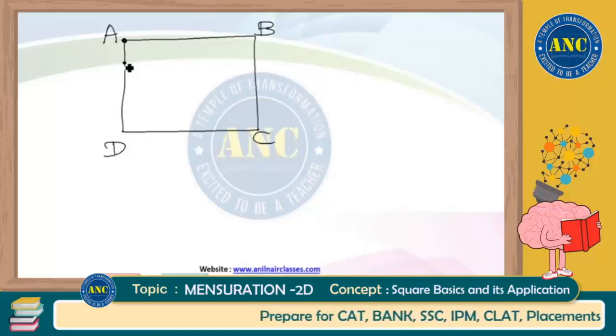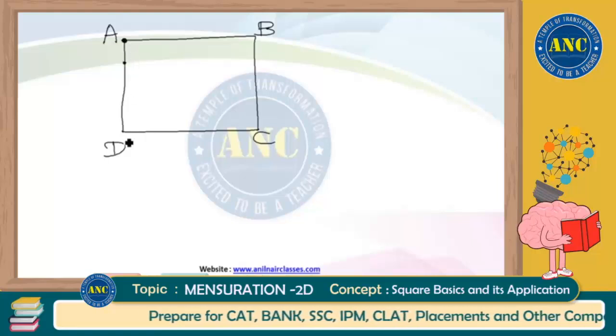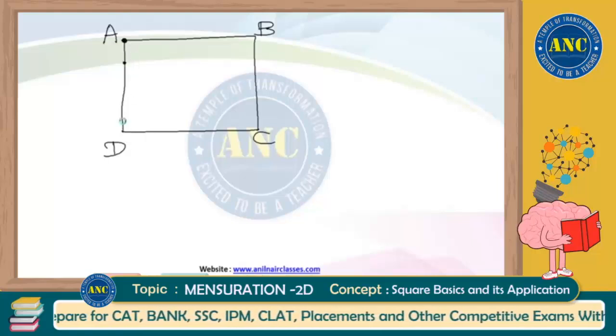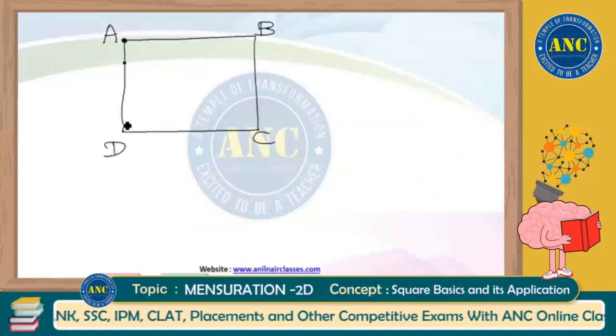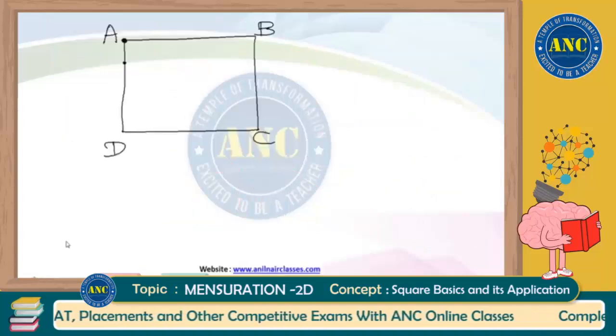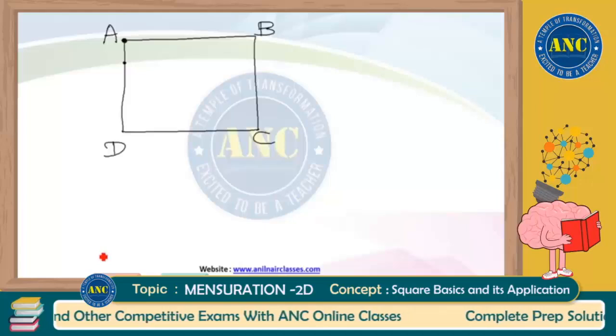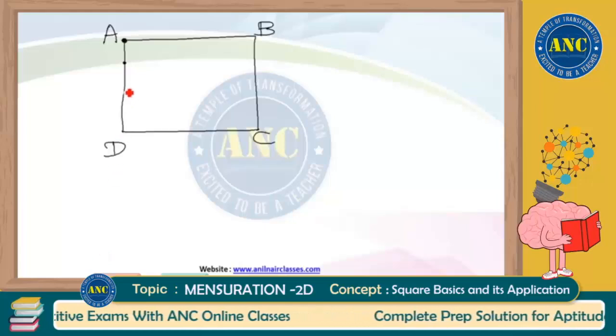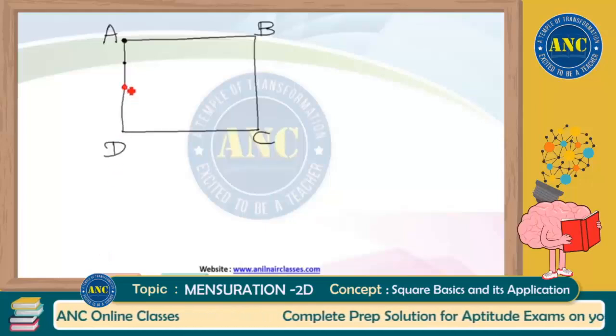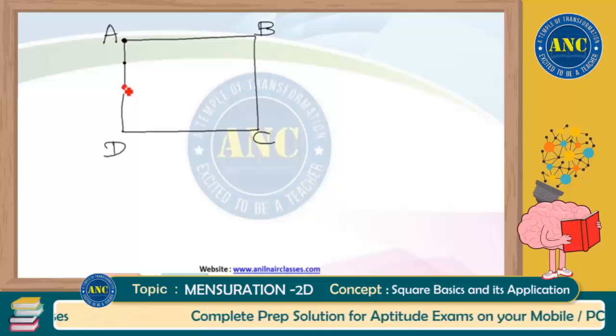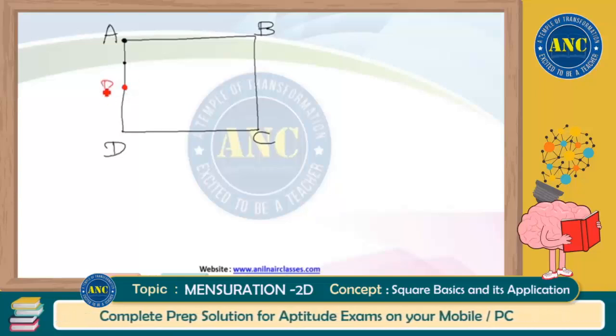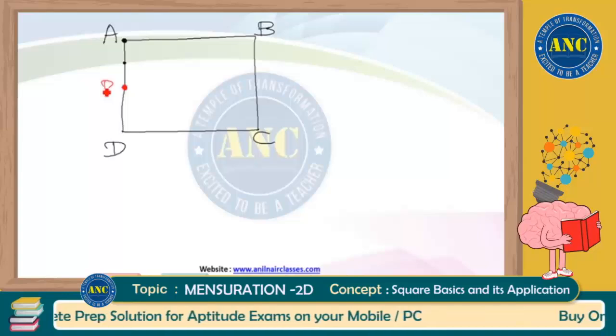When it is at this point where AP and PD is 1:3, the value was 9.12. That means as and when it keeps moving downwards, the value will reduce. That means you will get the minimum value when that point P is nothing but the midpoint of AD.